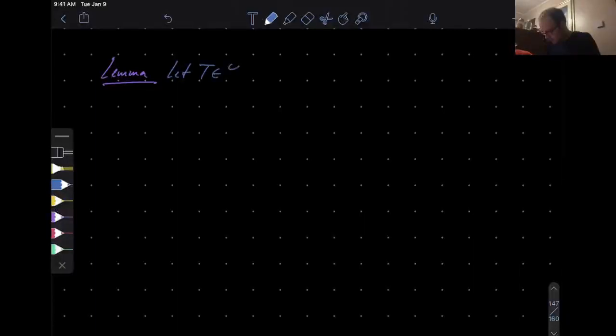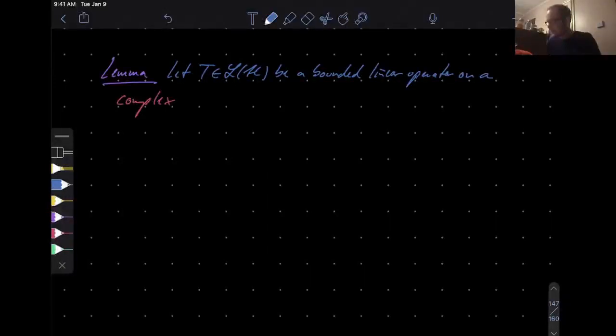Let T be a bounded linear operator on, now this is crucial, and you will see why in the proof, on a complex Hilbert space. So the underlying scalar field has to be the complex number field.